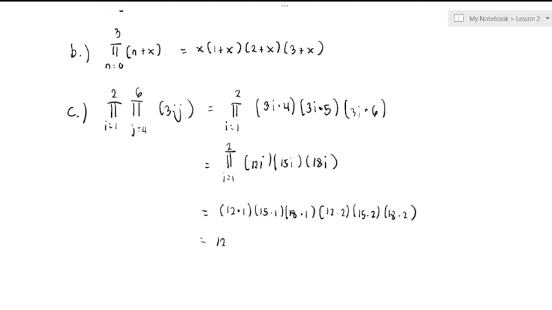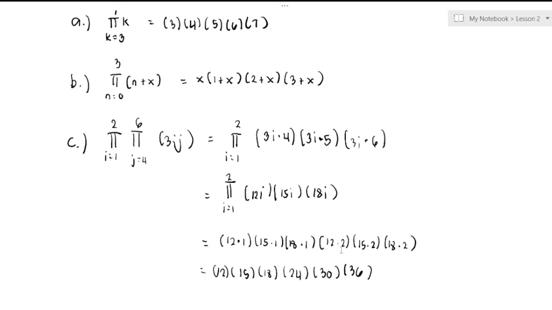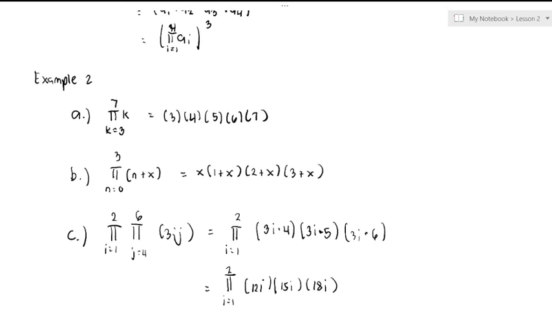Okay, so this is 12, 15, 18, 24, 30, and 36. Okay, so I think that's all for summation notation and product notation.